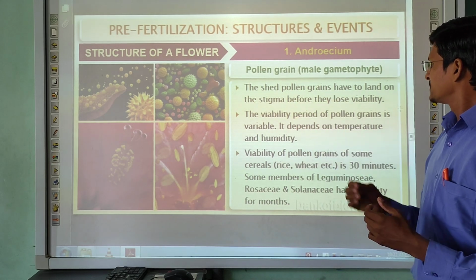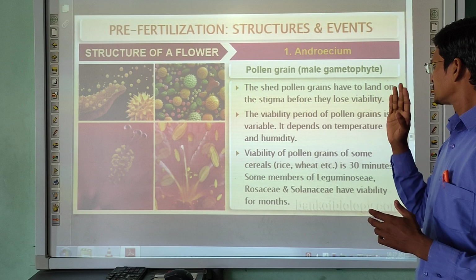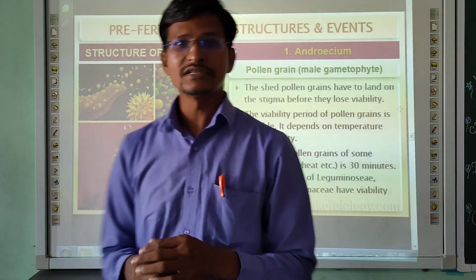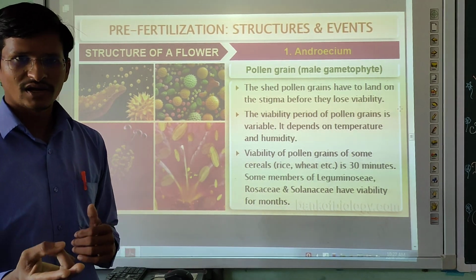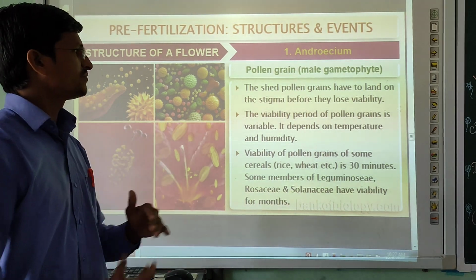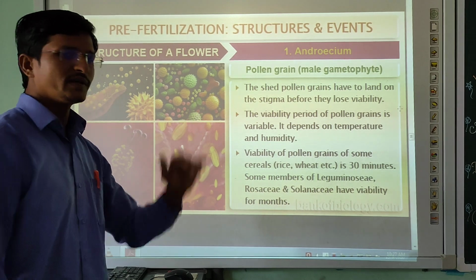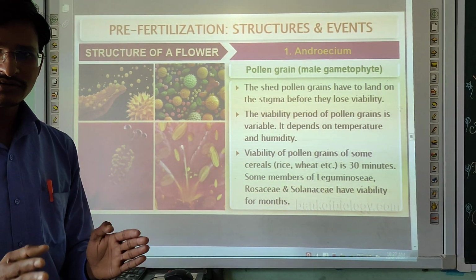The shed pollen grains have to land on the stigma before they lose viability. You know the pollination process, how pollen grains transfer to the stigma. The viability period of pollen grains is variable. It depends on temperature and humidity, which are responsible for when the pollination will be carried out.